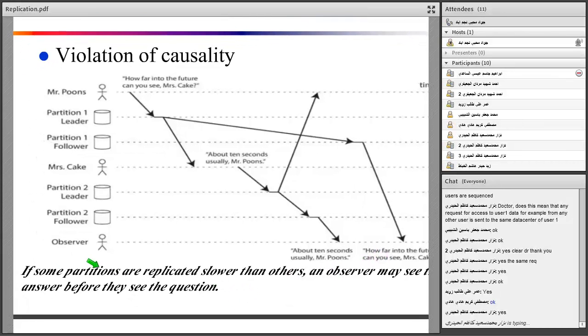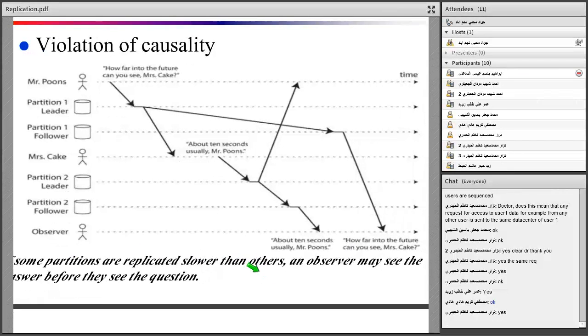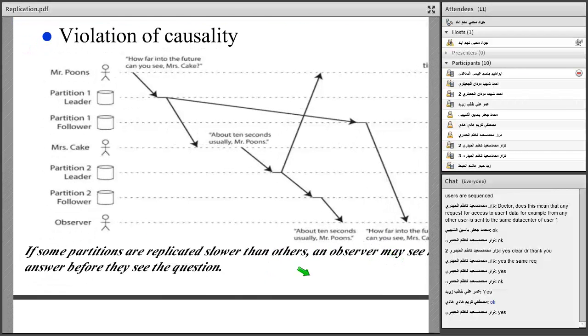If some partitions are replicated slower than others, an observer may see the answer before they see the question, and it's called violation of causality. It's another example of a challenge which comes from replication lag.